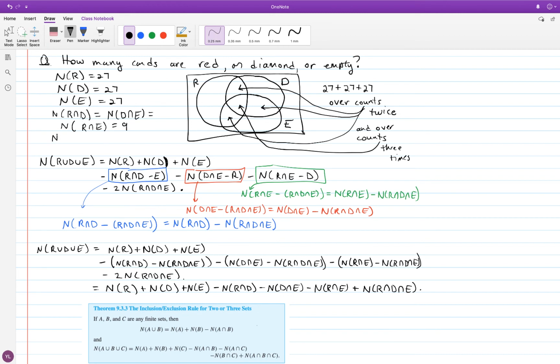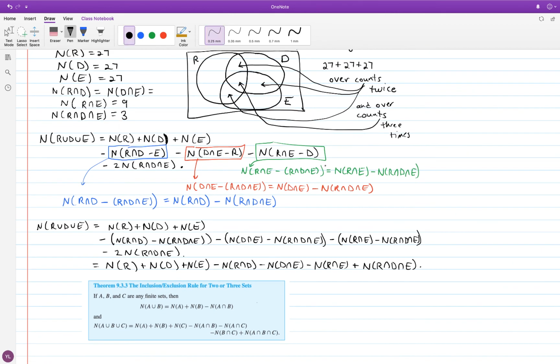And then finally, the triple intersection, how many cards are red and diamond and empty? Well, all that's left to be counted there is the shading, so there are only 3 possibilities. So in the end, I can come back over here and get the count that I wanted.